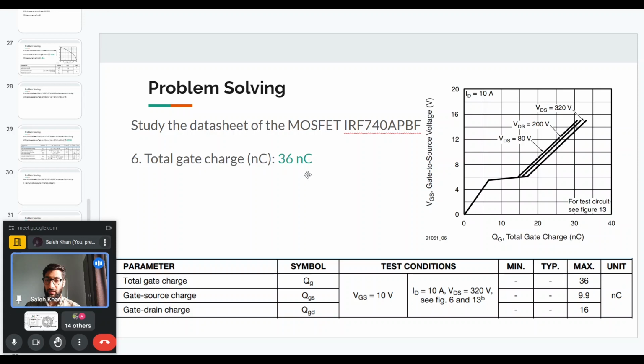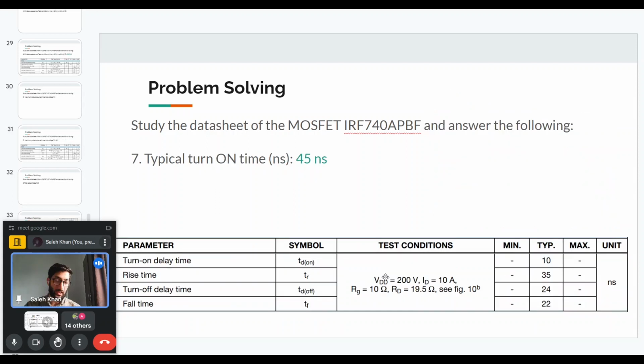And again, this depends on the drain voltage, the current, and very importantly, the gate resistance, as we'll see in the gate drive lectures. This resistance is very important in determining how fast the device turns on and turns off. So this was about the typical turn on time.